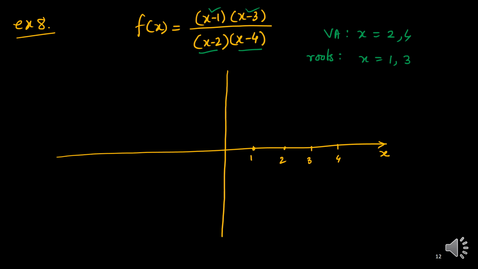So at 2 I have one asymptote, another asymptote at 4. Now as this function has the same order in numerator and denominator, it is approaching 1 rather than 0 when x is approaching infinity. So I will have one horizontal asymptote, and I will put it here.